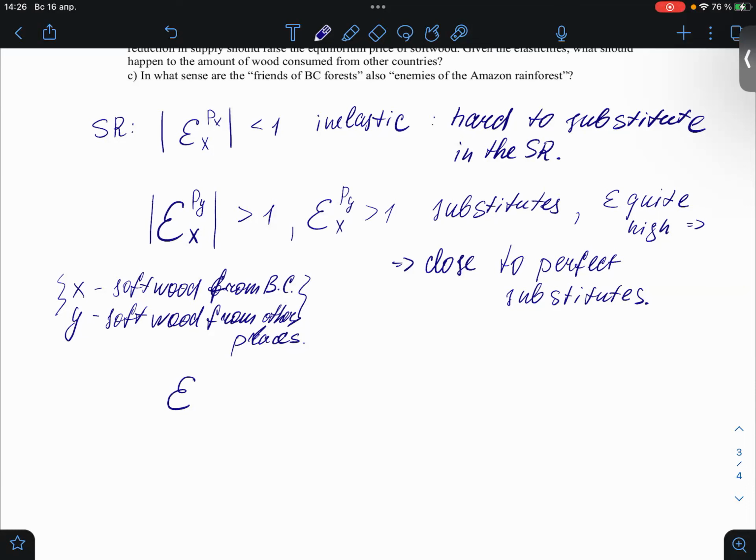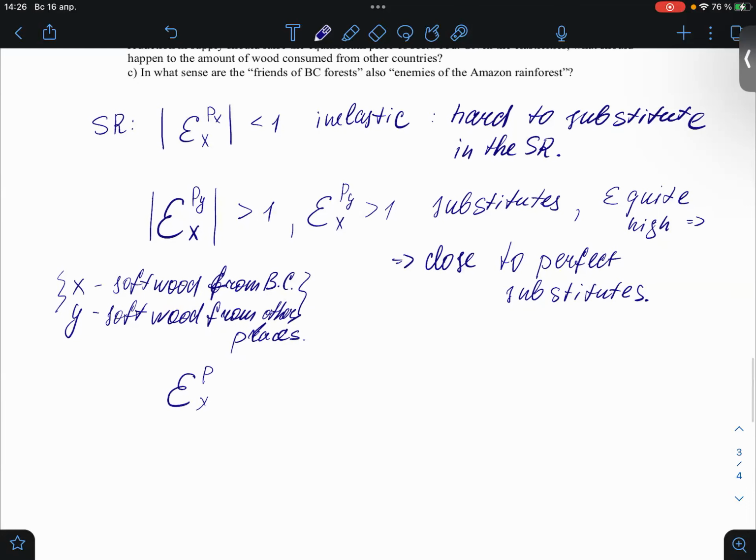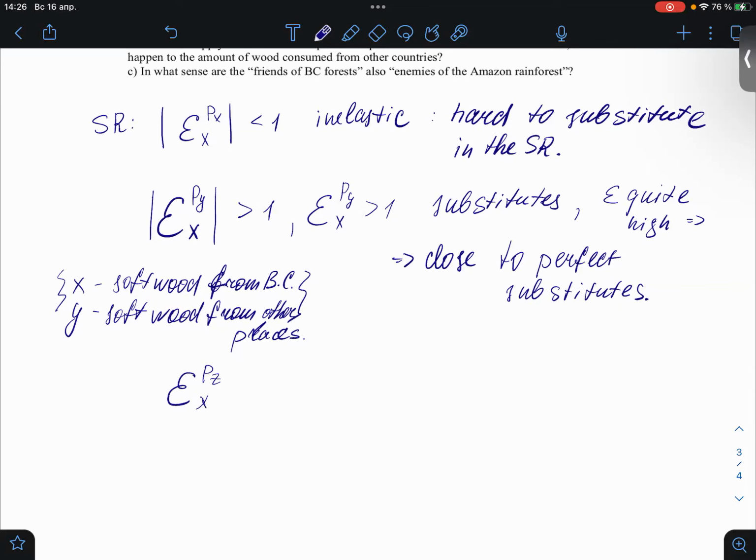Elasticity of softwood by the price of, for example, Z, which is other woods, is greater than 0, but not as high.